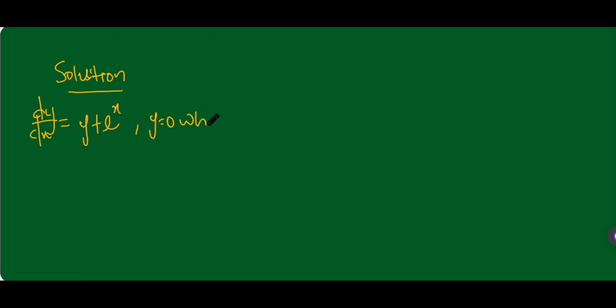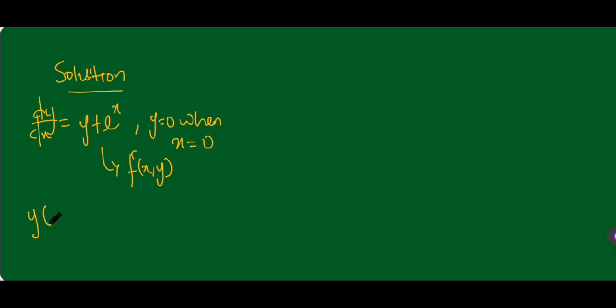So to solve this, we have dy/dx is equal to y plus e raised to power x, at y is equal to 0 when x is equal to 0. So we know our function in x and y as this.